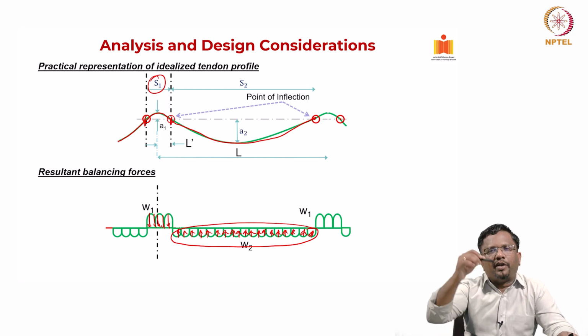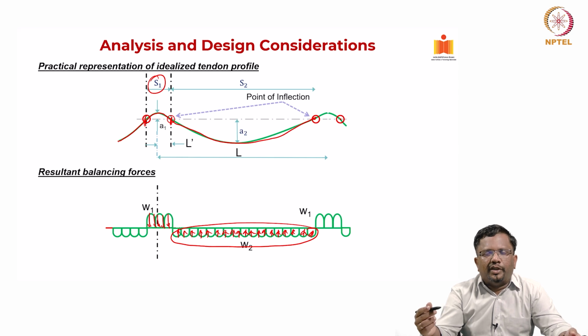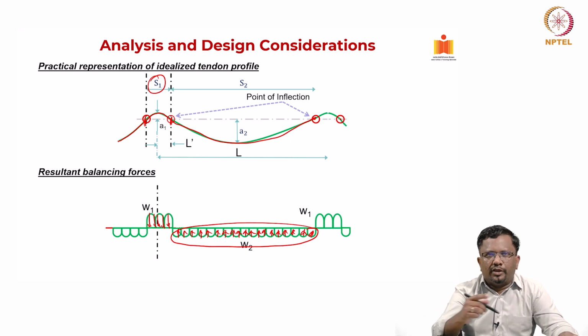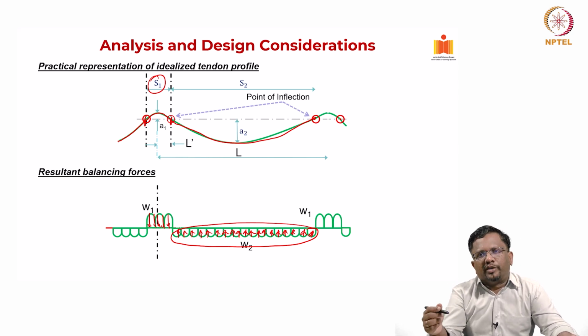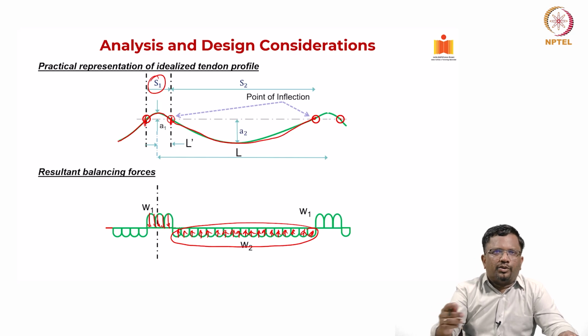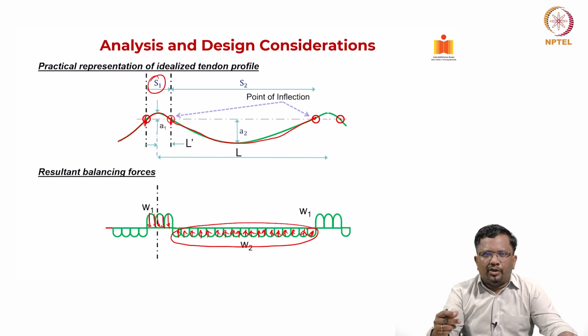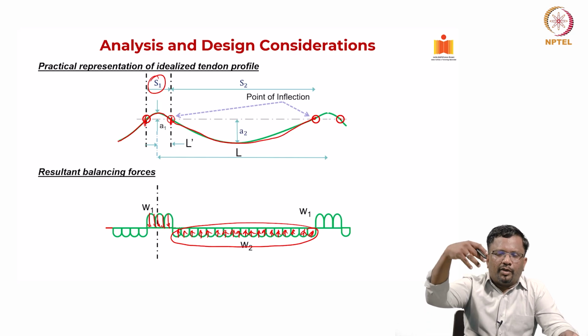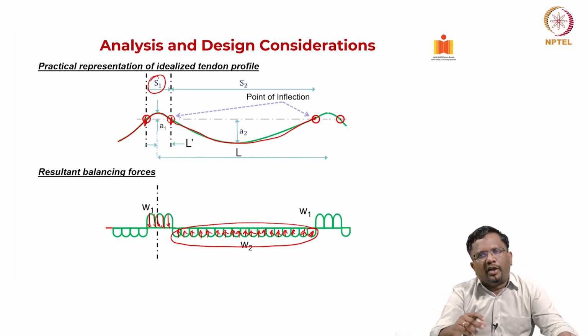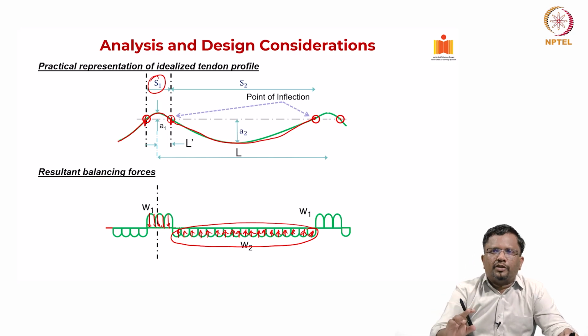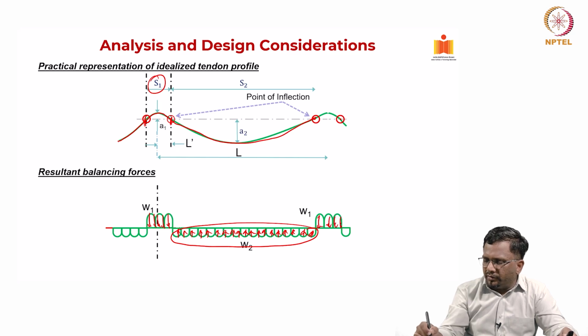We cannot create a sharp profile. It is very difficult to achieve in the field. So, typically we provide this parabola and reverse parabola to make sure that the transition is very smooth, and whenever you have a reverse parabola, the load is going to be acting downward, and that happens usually close to the support region, right, like what you have here. This is also like this.